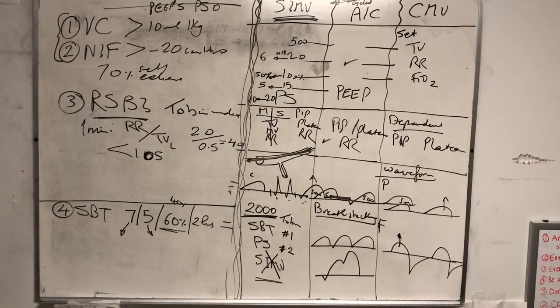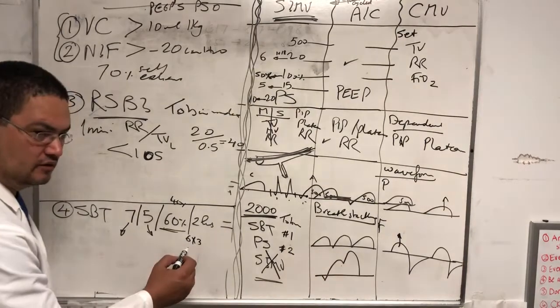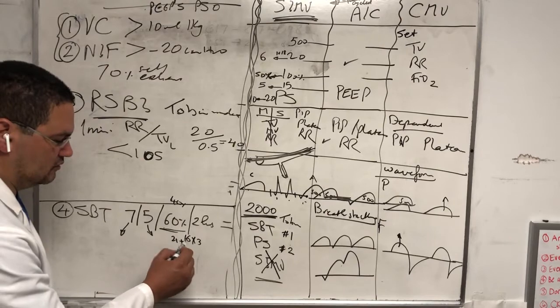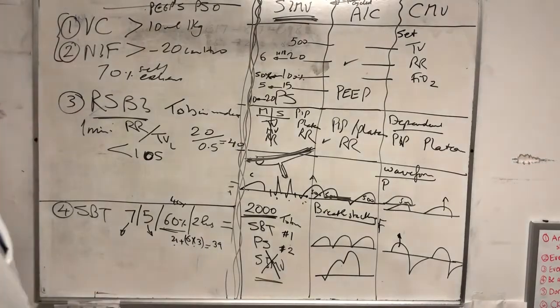So with 6 liters per minute, how do you calculate the FiO2? The FiO2 for nasal cannula is basically 6 times 3, every liter is 3, plus 21. 21 plus 18 will give you 39. So that's why all the vents are at 40%, from the beginning of time, because of this.